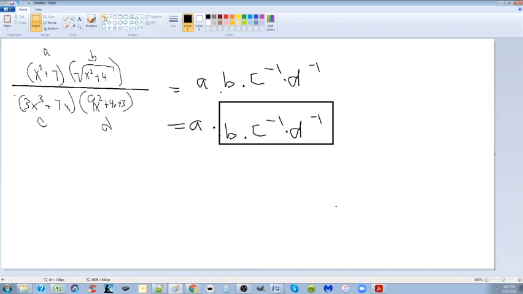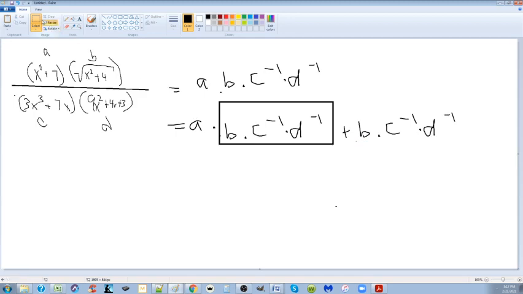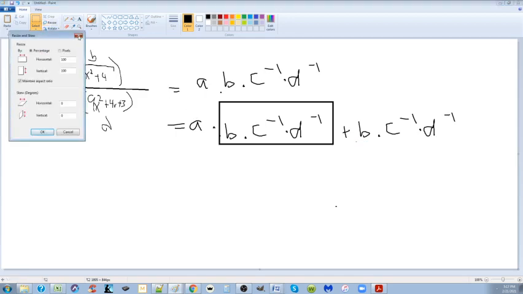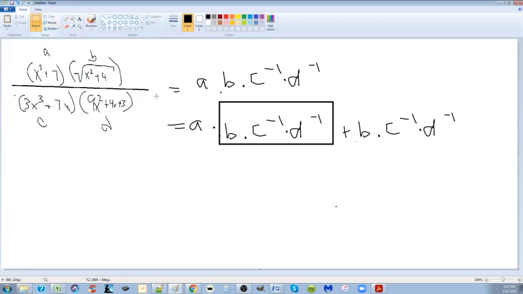The product rule says also that I will then take all of that and multiply it by the derivative of this. So I'm going to put that in a box. Obviously, that one's going to be somewhat easy to figure out. Now, this one here is a product again.